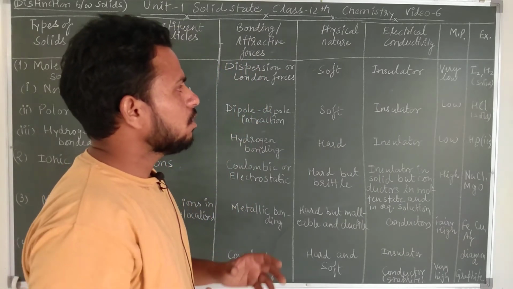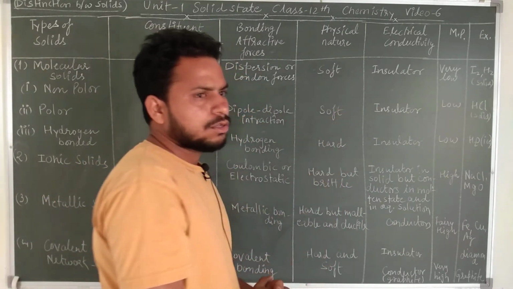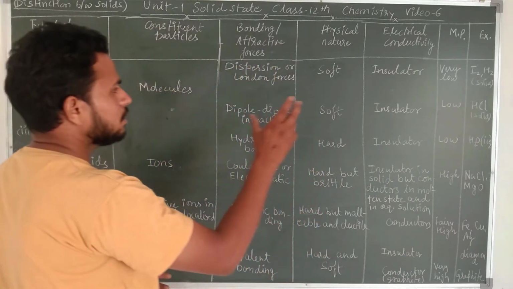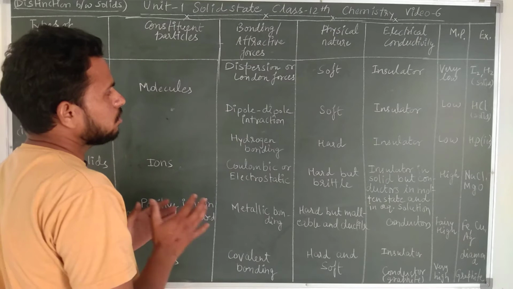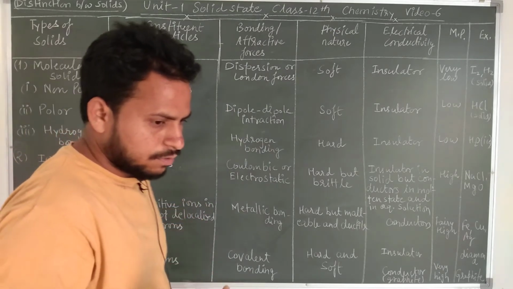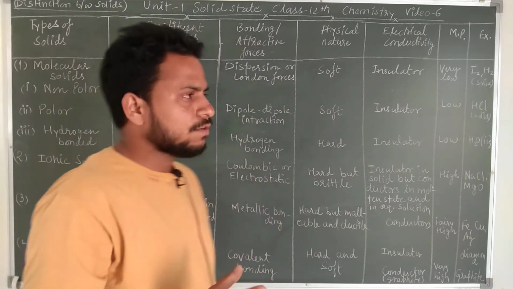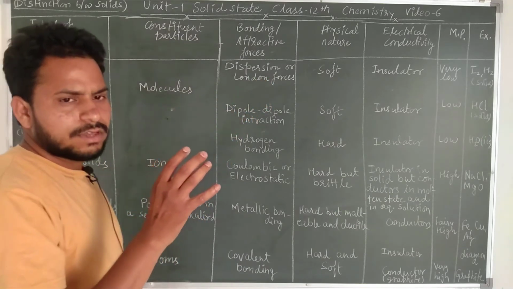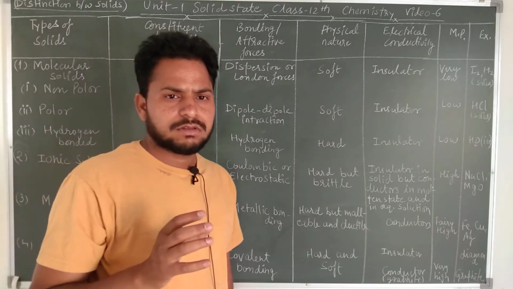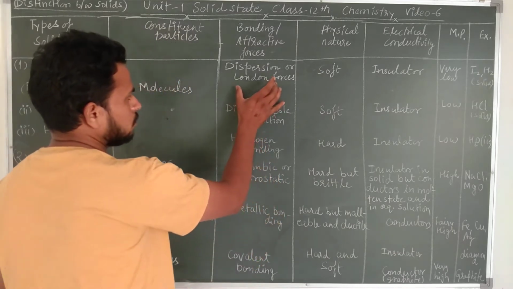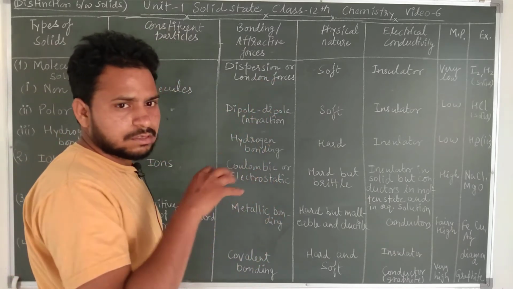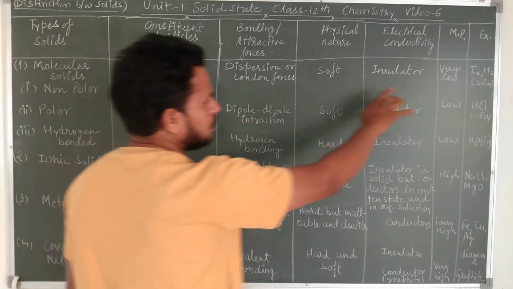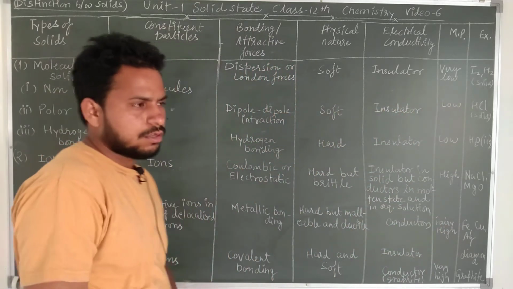And further we talk about melting point. The melting point is very low because the attractive force between constituent particles is not very strong. These are weak forces, so that's why their melting point is very low.